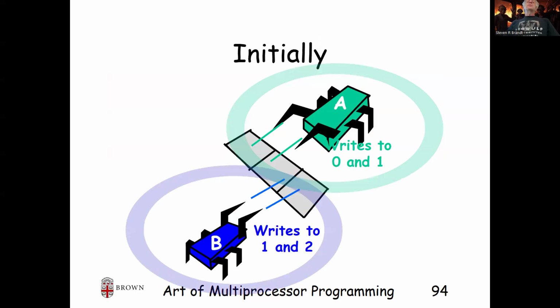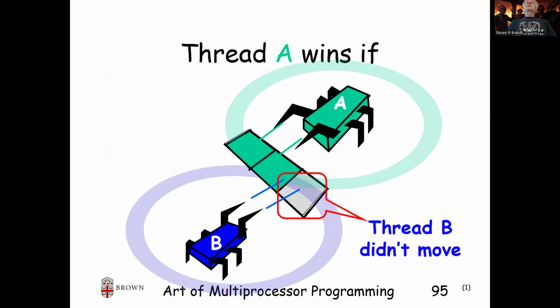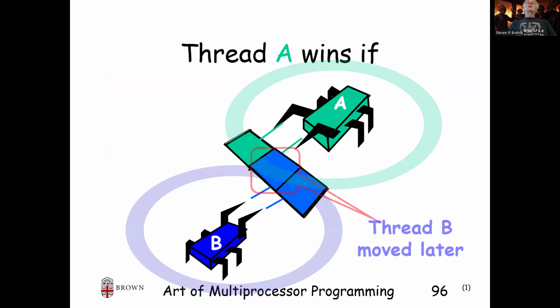And what we're going to do is start like this. We're going to have a register, thread A and thread B. Thread A is going to write to 0 and 1, and thread B is going to write to 1 and 2. Thread A is going to win if thread B didn't write its distinct location, or if thread B's value is in the shared location, which means that B moved second.